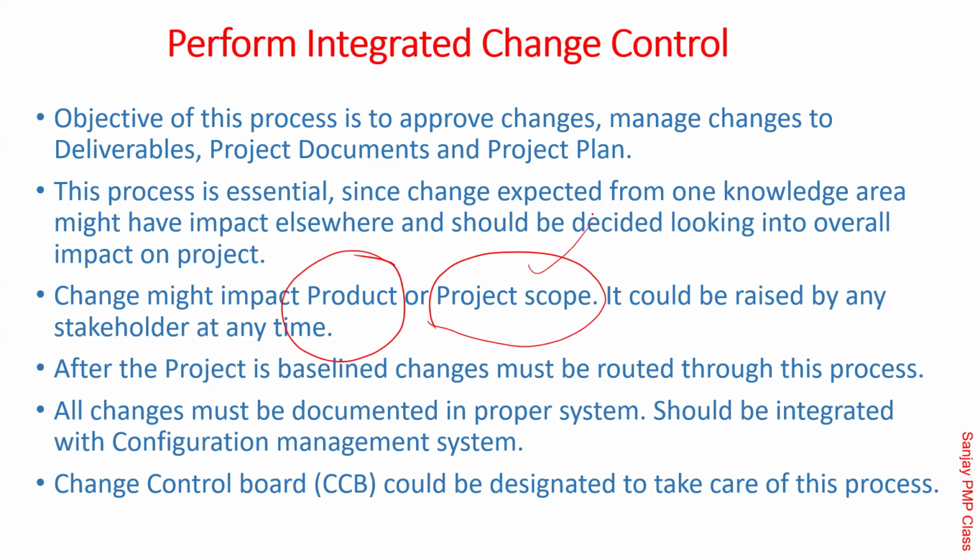What they are trying to say is that perform integrated change control, which means raising the CR and getting it approved, is not only applicable to product changes, it is also about project changes. If someone comes back, Swati, and tells you that when people are coming on board, you need to give them the basics of artificial intelligence. Artificial intelligence training, you should give it to your people.